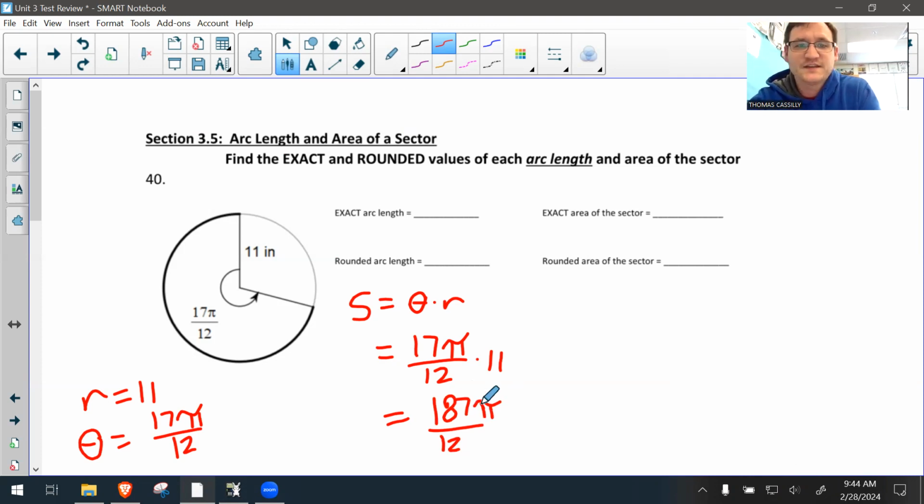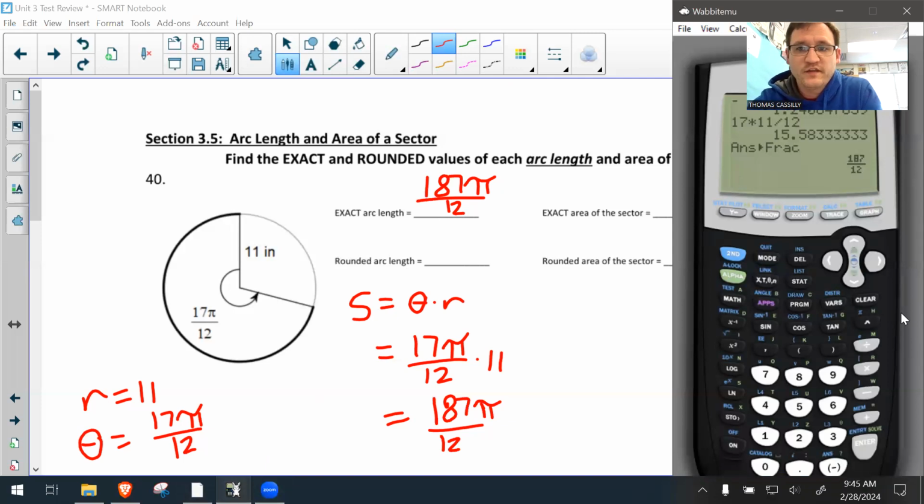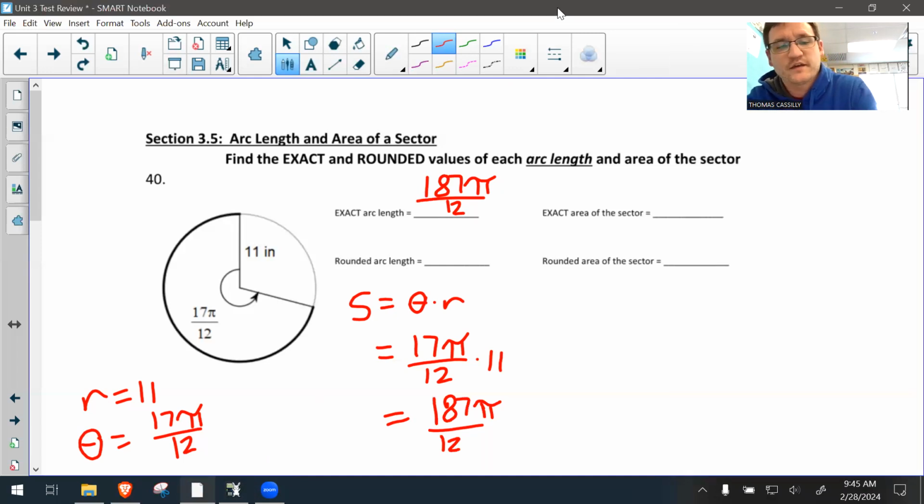That is the exact arc length: 187 pi over 12. When they want a rounded answer, take that fraction, 187 twelfths, and multiply it by pi, using the pi button. Then we have 48.96.